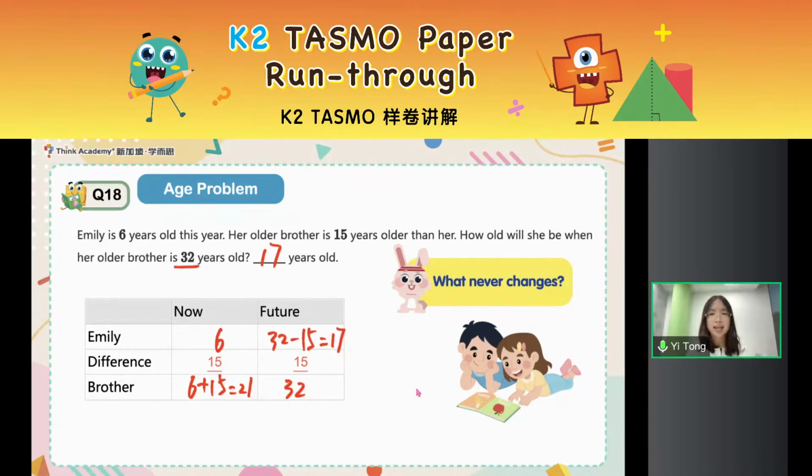Now, what if I say, all right, how old will she be when her brother is 115 years old? Wow, 115 years old. How old will Emily be when her brother is 115 years old? I'm going to wait for your answer. Who's the fastest?